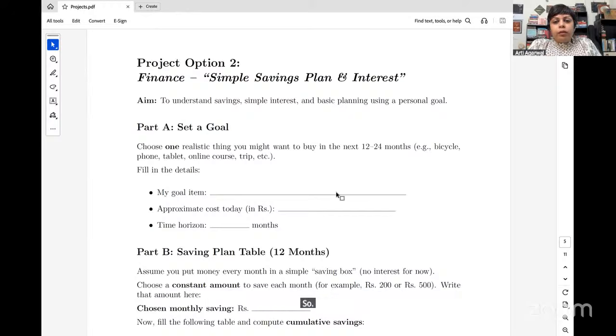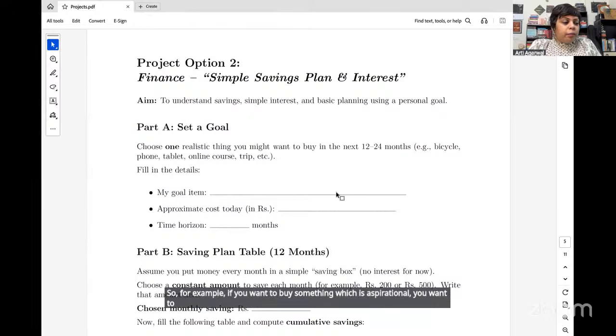So, for example, if you want to buy something which is aspirational, say a Batmobile, or an Audi or something like that, maybe it'll take you more than 12 or 24 months.